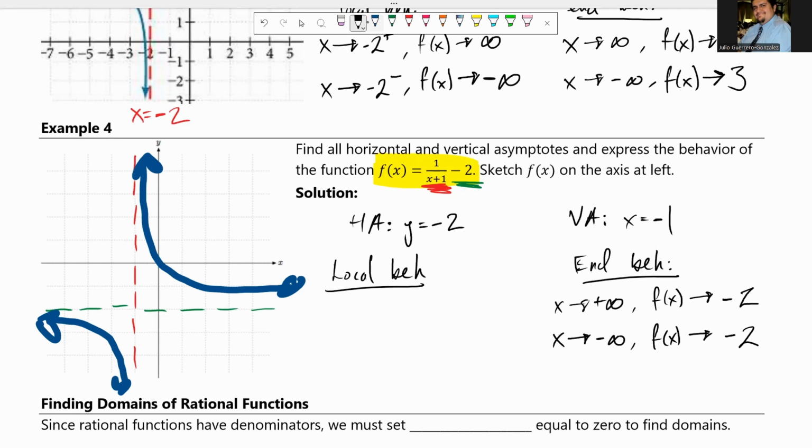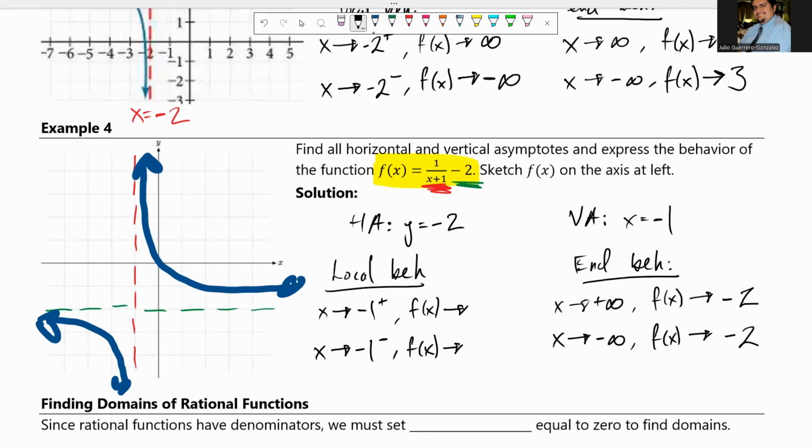For local behavior, we see this, that's the vertical asymptote. So we get to describe what happens at the vertical asymptote. So we need x approaches -1 from the positive side, and x approaches -1 from the negative side, and we want to look at what happens to my f of x values.